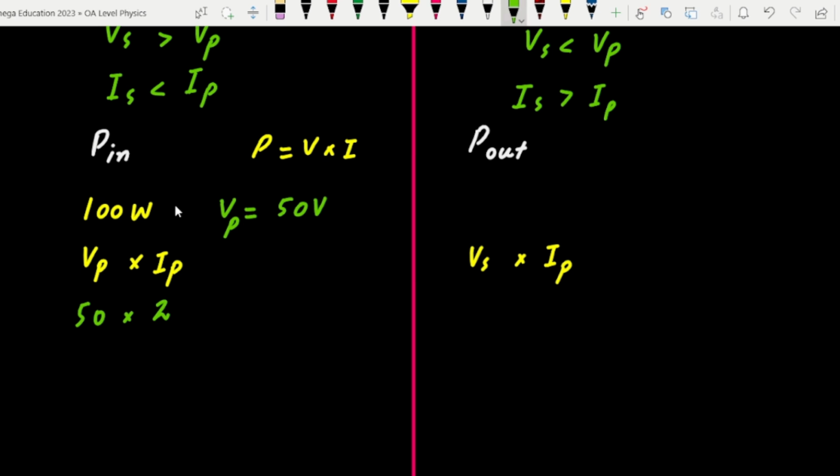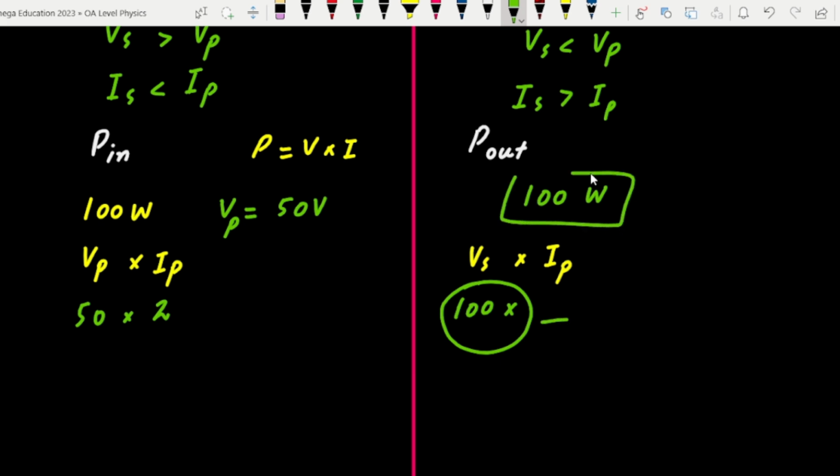Now the thing is, the output power would also be 100 watts, and let's say we were having a step up transformer, and we increase the voltage. Let's assume we increase the voltage from 50 to 100. Now since the power has to be constant, you have to multiply 100 with such a number that the product would still be 100, and that number is 1.